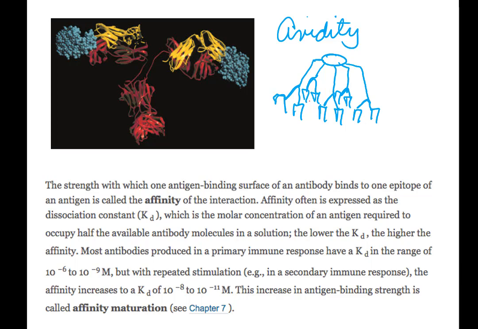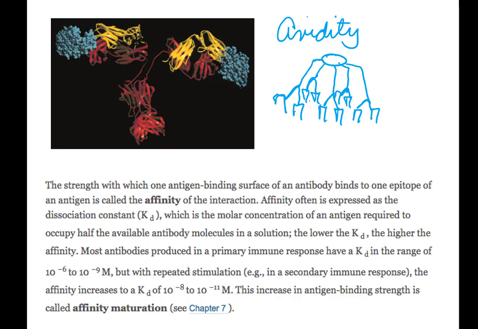So one pentamer will bind, 10 copies. So 10 binding sites will bind to one microbe, and that's high avidity. It's high avidity because with 10 of them binding, it enhances the binding strength. Does that make sense? Yes.